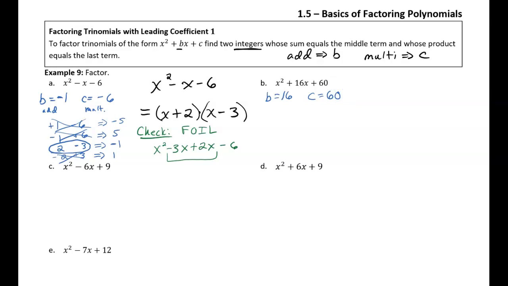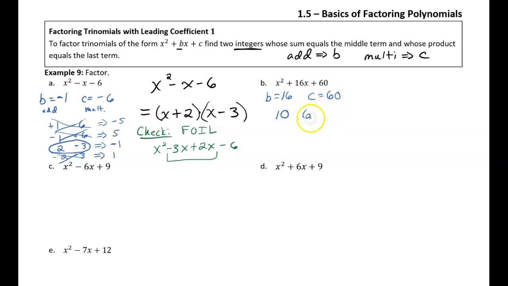So without having to list everything, let's see if we can figure this out just by analyzing it. I'm multiplying to give me 60, but when I add them, I get a 16. Well, 60 ends with a 0, so I'm thinking something with a 10. And a 10 times a 6 will give me that 60.